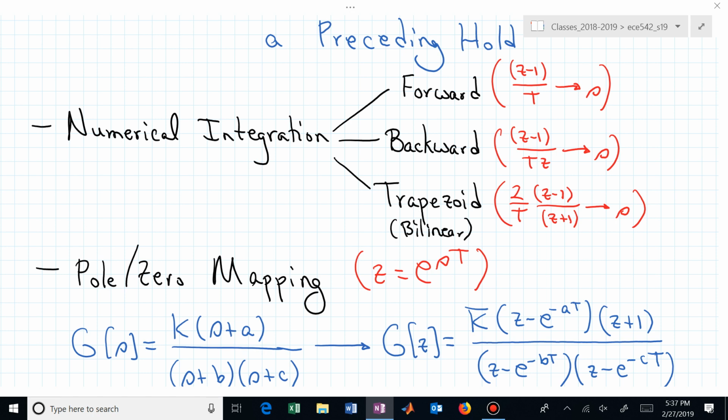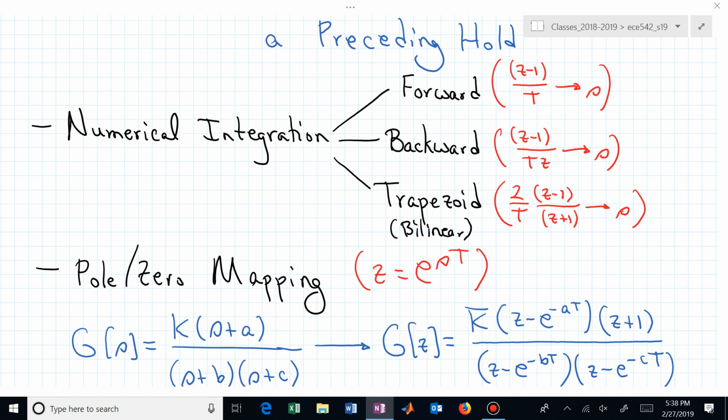What I'm trying to then get to is in the pole zero mapping, we put factors equal to z plus 1 into that expression with the power associated with the number of zeros at infinity. In this case, we have 1 zero at infinity, so we have 1 factor z plus 1.